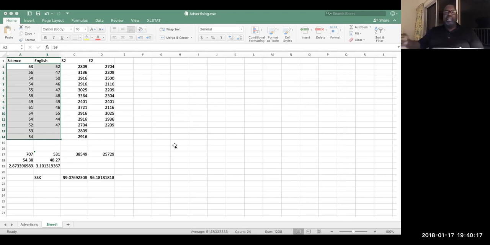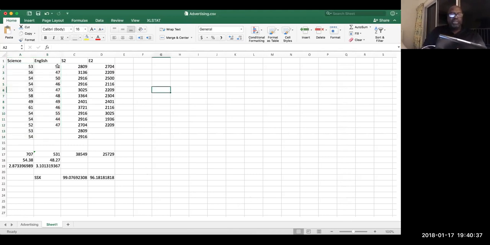So we could calculate the mean, median, and mode for this data. Let's just look at science teachers, for example. If we're going to do this for the science teachers, first thing we have to do is order the values. Because I have this in Excel, I'm just going to sort.